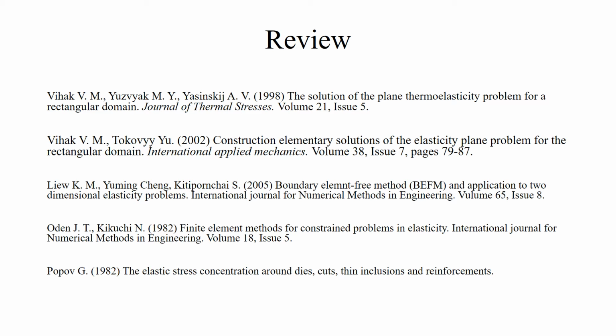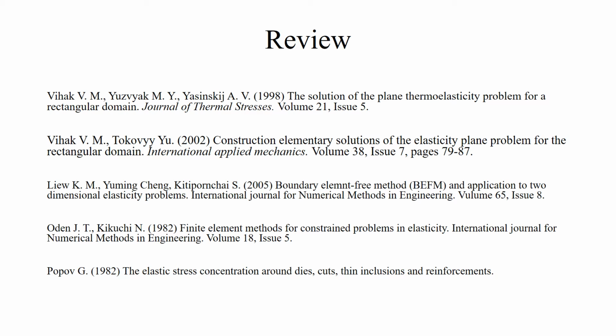The solution of the plane thermoelasticity problem for a rectangular domain was constructed with the help of the new solvent method. This method permits the construction of an analytical solution corresponding to the Saint Venant principle in the form of trigonometric series expansion, using a complete orthogonal set of the eigenfunctions and associated functions.